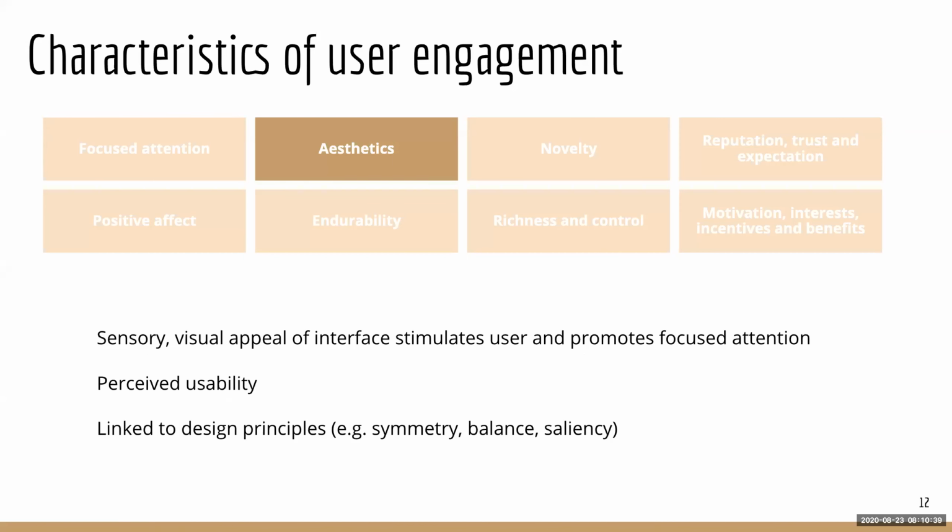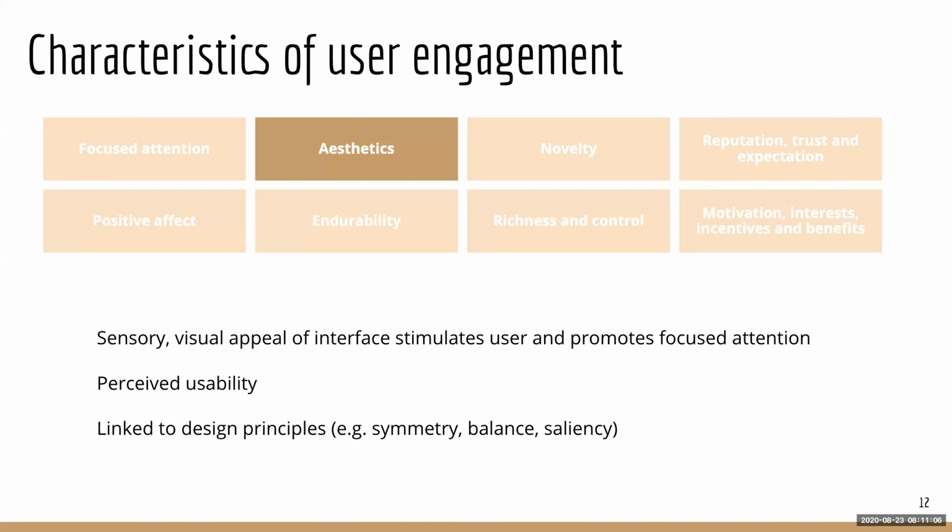Aesthetic is about the look and feel of the experience, the UI, the functionality, visual appeal, interface, and so on. If the interface or presentation is not good, this is not going to help user engagement. It's really about perceived usability, and it's linked to design principles: symmetry, balance, and saliency.